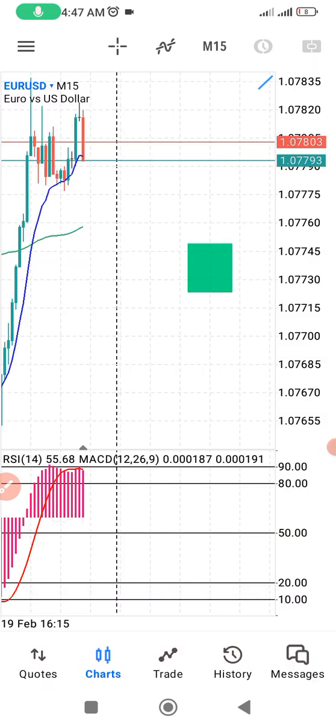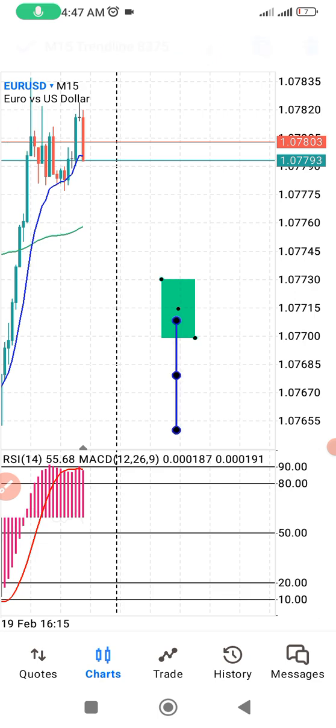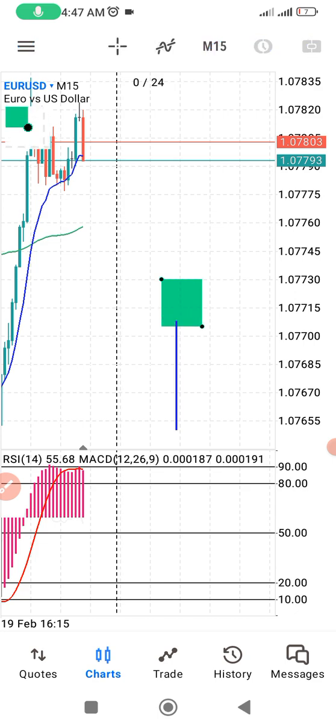The type of pin bar we are talking about is this. So now this is the type of pin bar we are talking about.